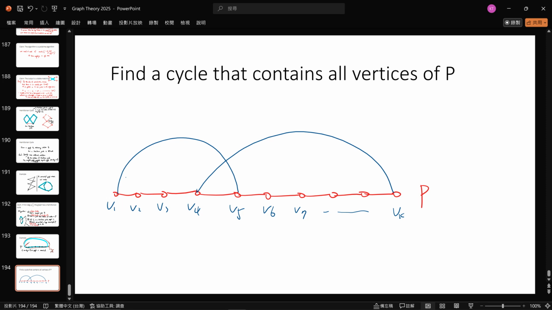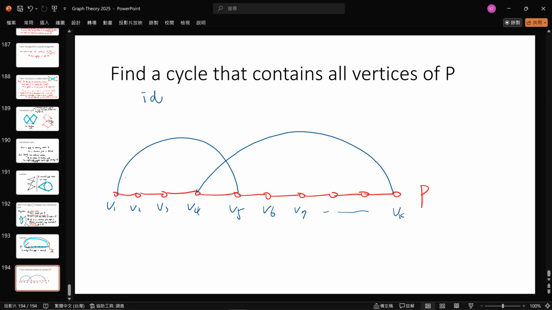So V1 is adjacent to V5, and Vk is adjacent to the left neighbor of V5. Actually there are lots of different ways to create a cycle. For example, if V1 is adjacent to V7, then in order to create a cycle, the left neighbor of V7 should be adjacent to Vk.